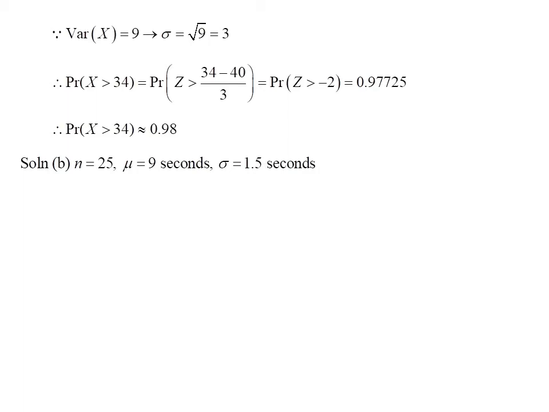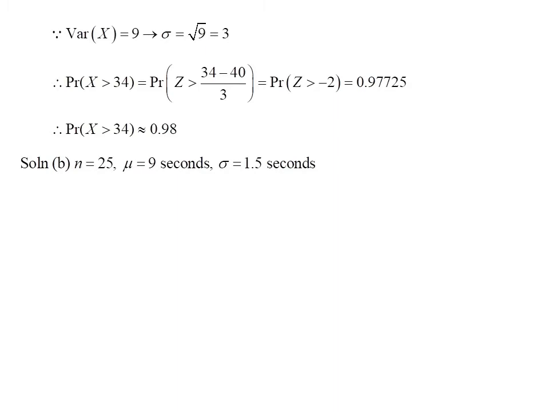The expected time for making 25 cups of coffee is 9 seconds, which sounds quite ridiculous, and I think it looks like the mean time for making each cup of coffee takes 9 seconds. So for making 25 cups of coffee, the expected time is 9 times 25, which equals 225 seconds.